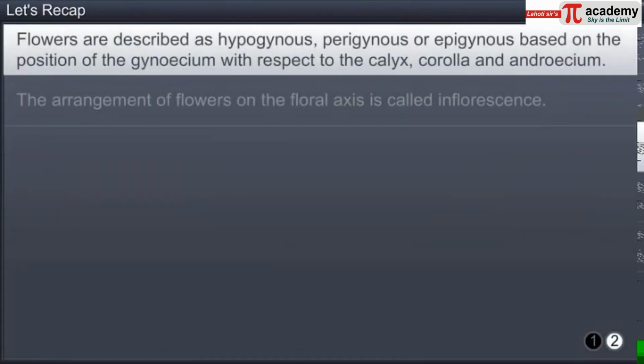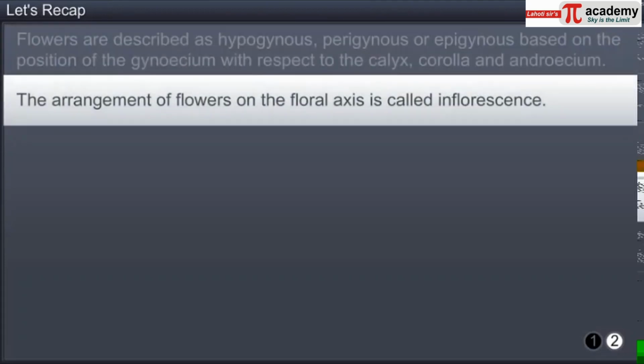Flowers are described as hypogynous, perigynous, or epigynous based on the position of the gynoecium with respect to the calyx, corolla, and androecium. The arrangement of flowers on the floral axis is called inflorescence.